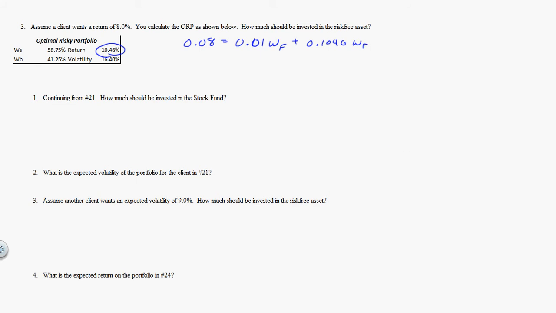So let me get this looking better. That's WK. What we're saying graphically, just a real crude graph here, this is 1% right there, and then here's the optimal risky portfolio. So you have the stock fund here and the bond fund there. The return right there is 10.46%.